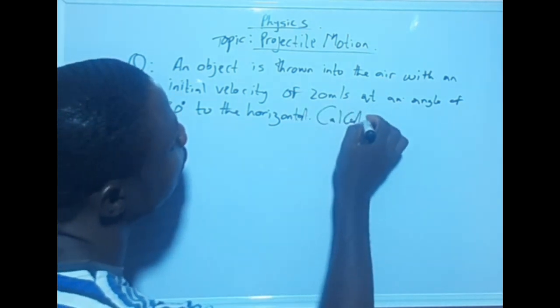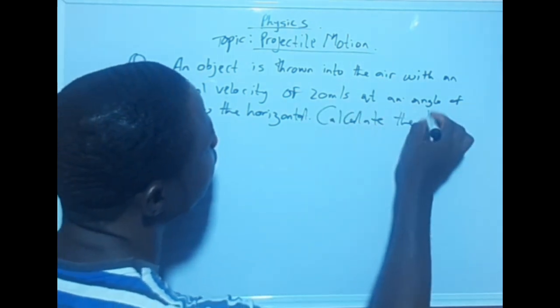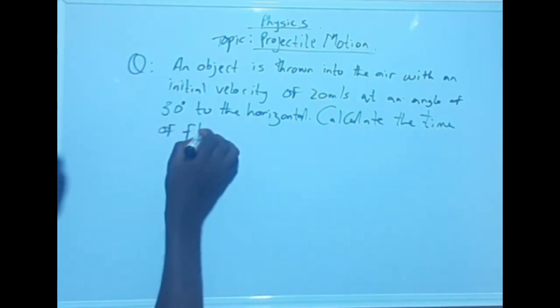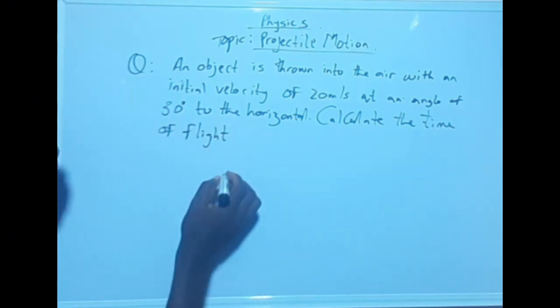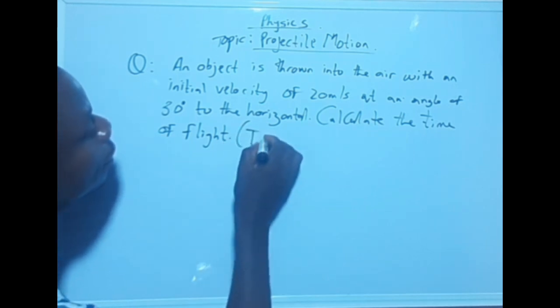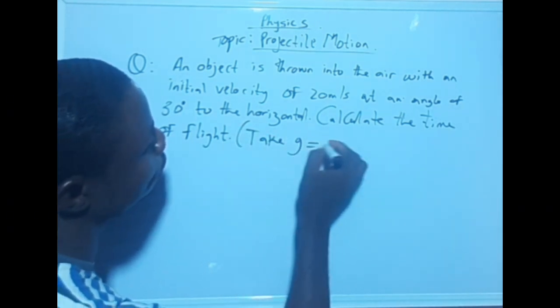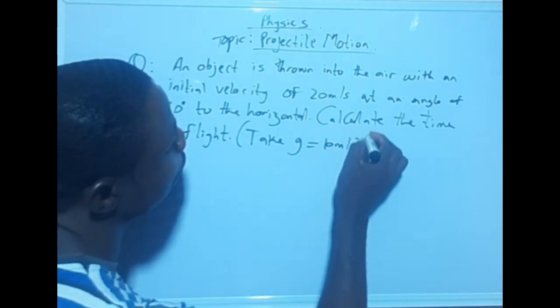Calculate the time of flight. Take g to be 10 meters per second squared.